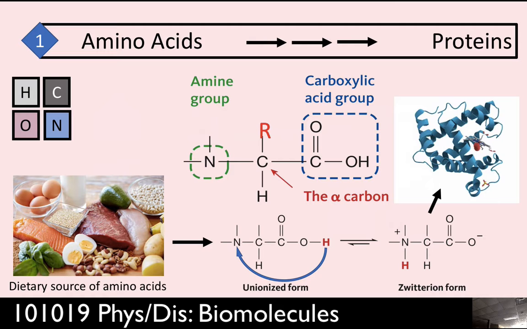Alpha just means it's the first carbon away from the amine, which has this R group attached to it. There's like 20 different naturally occurring R groups. I'll show you a picture of it, but it doesn't really matter what the R group is. There's something decorating it, hanging off of it. But all of them look like this, all right?